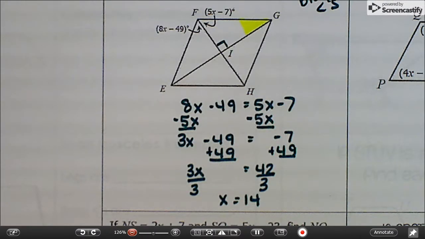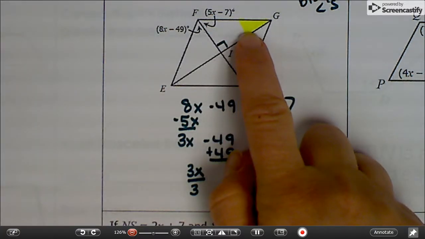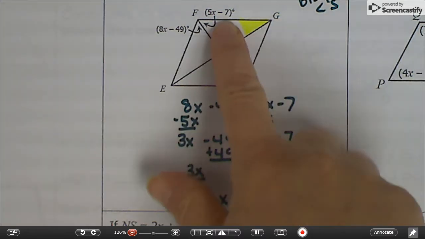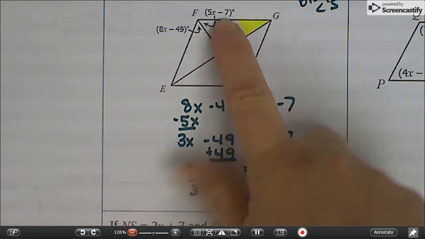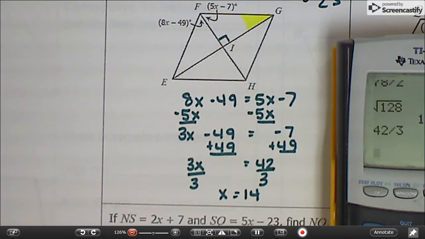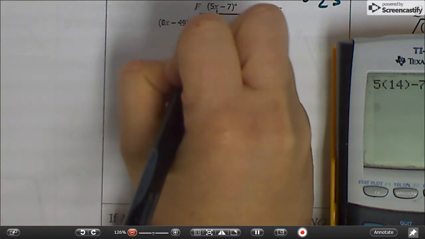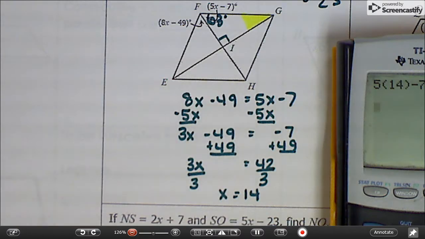And you all got 14, just like I did. But what we really need to know is the measure of this angle here. Okay, so I'm going to plug 14 in for this right here. So I'm going to do 5 times 14 minus 7, which is 63. So right here is 63 degrees.